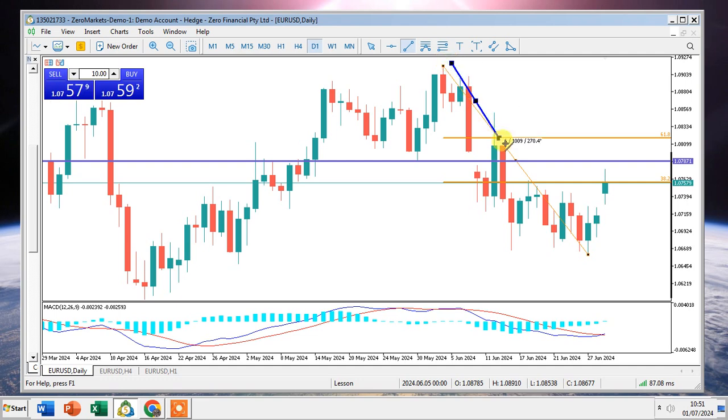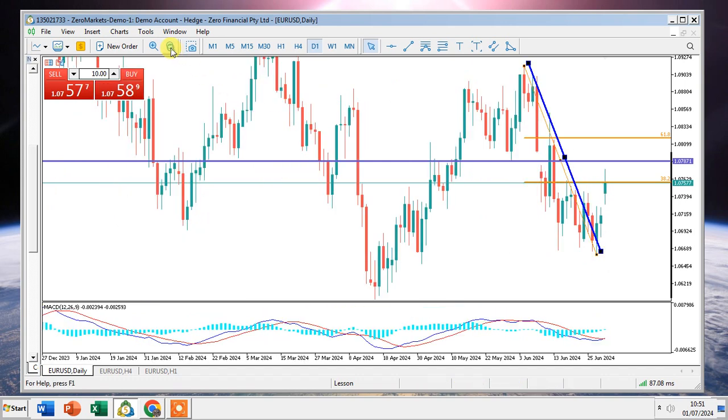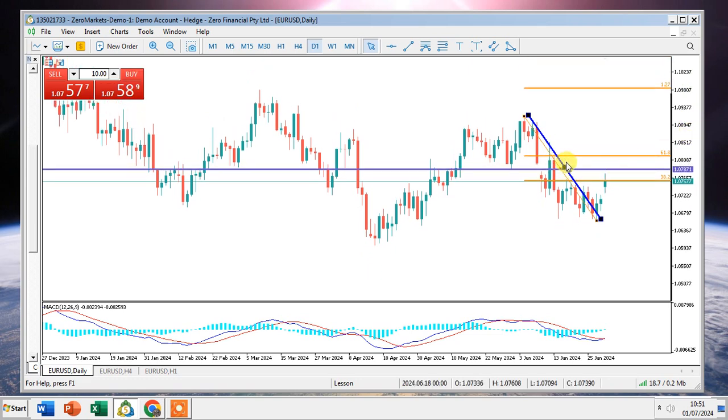Because now we're looking at this move down, we have a pullback, and then we expect continuation. When you're using different time frames, you can have bigger targets. So this would be the first leg, and this would be the second leg.